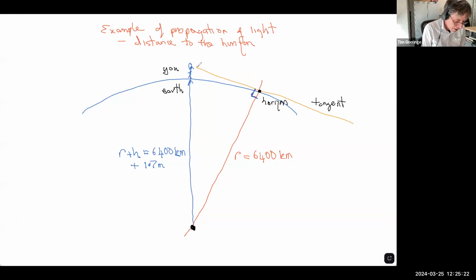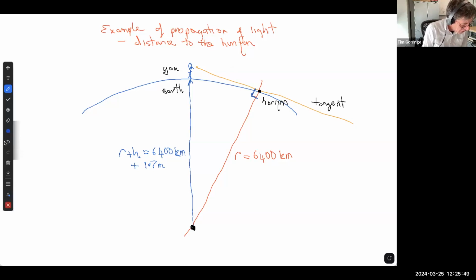Because this line that represents our view of the horizon is perpendicular to the radius of the Earth, this red line is tangent to the surface of the Earth at the horizon, this is actually a right-angle triangle. And so we know two of the three sides of the right-angle triangle, and we want to figure out the remaining side, and that remaining side, let's call it the distance d.